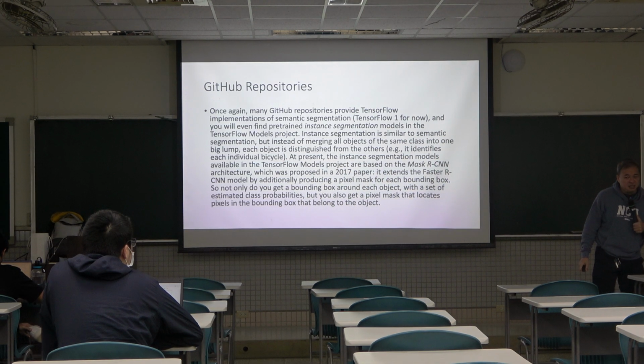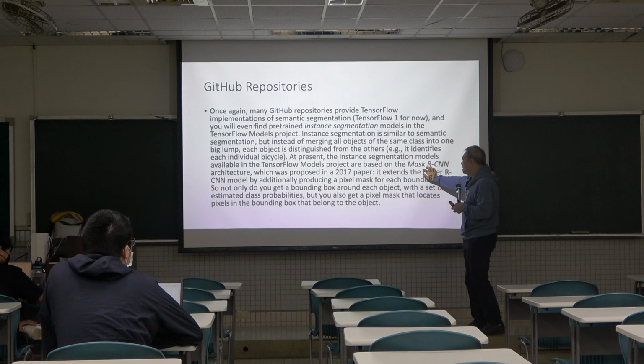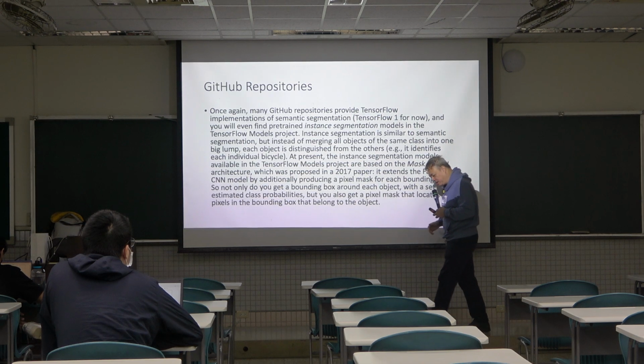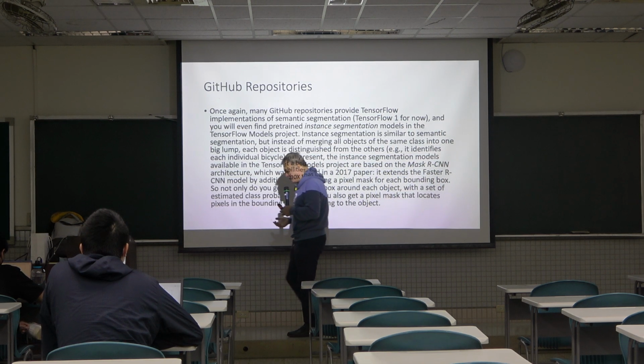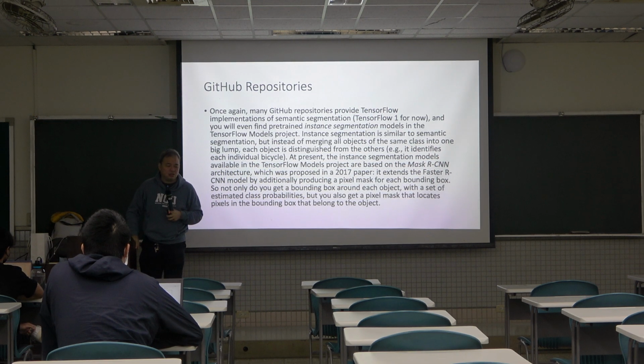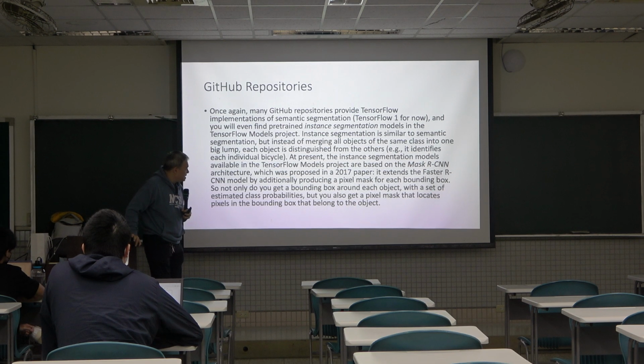Actually, Mask RCNN is a very convenient model to use along with several different projects. But because it is based on the Faster RCNN, it is still kind of slow.